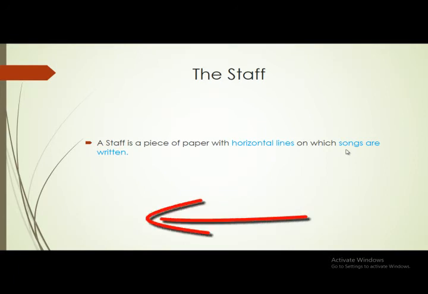Whereas vertical lines are drawn from top to bottom, or from bottom to top. But horizontal, from left to right or right to left. So a staff is drawn like that. It has horizontal lines which run from left to right or from right to left.